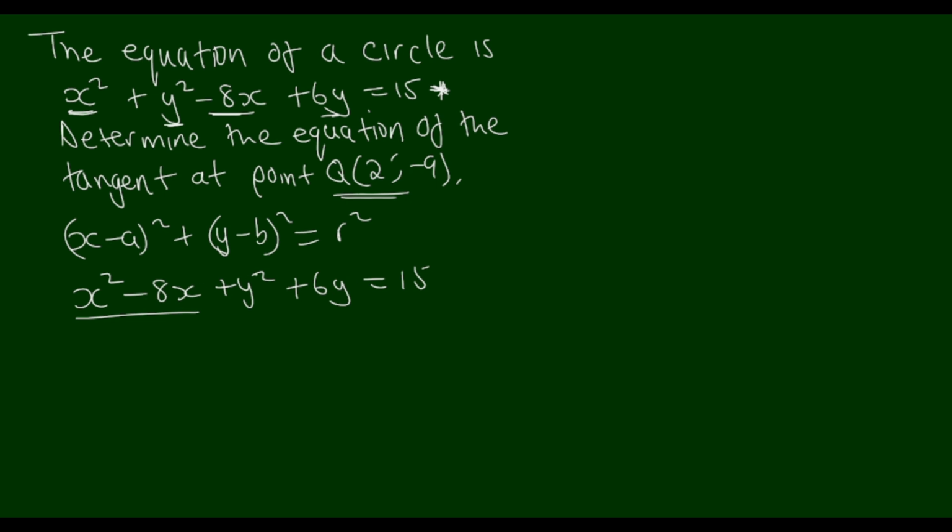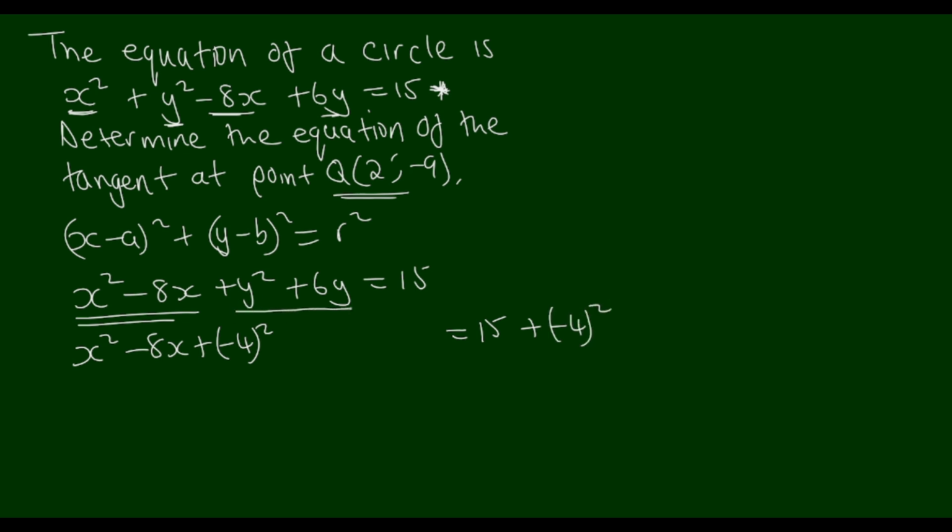So negative 4 squared. Please take note, write it as negative 4 squared. Half of negative 8 is negative 4. So x squared minus 8x plus negative 4 squared equals 15, and we add it again on this side.